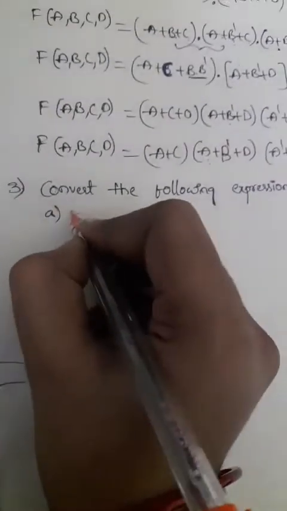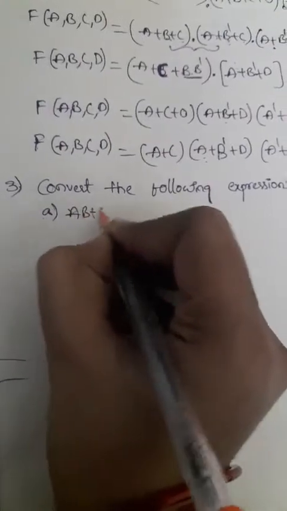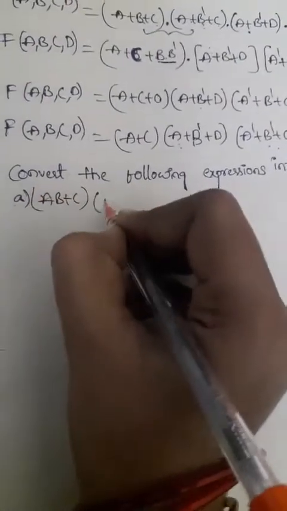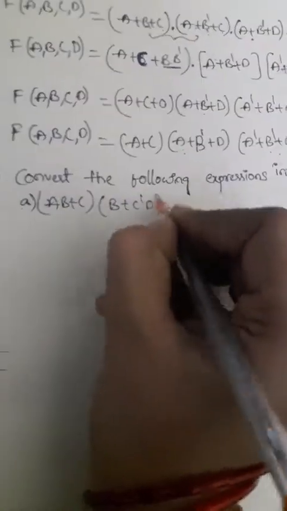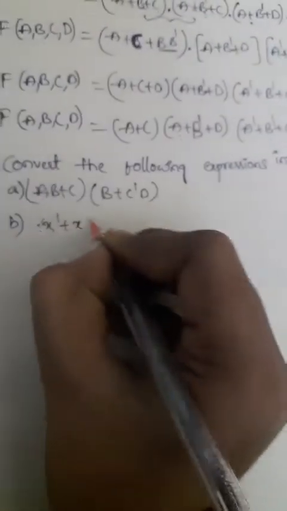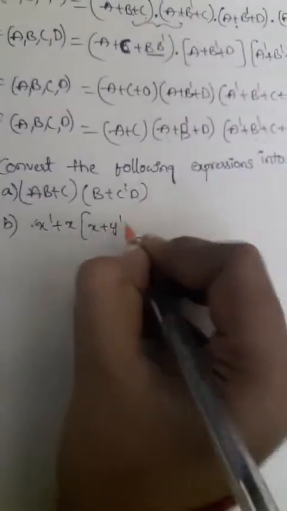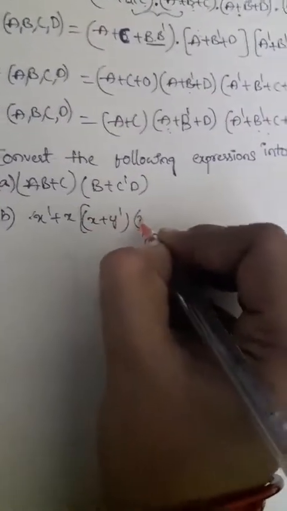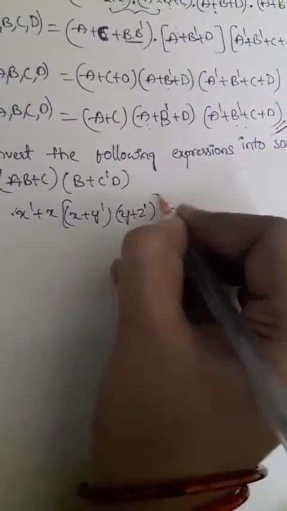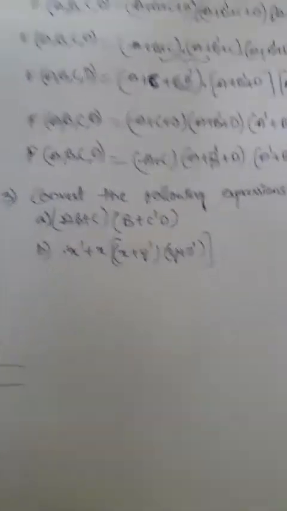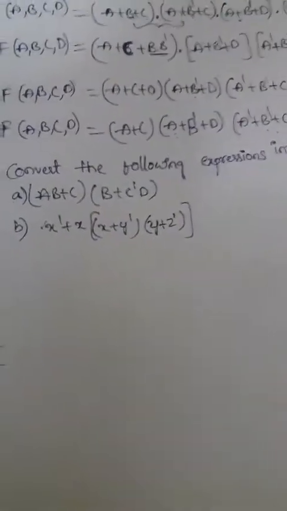Okay, so what are the problems? For A, the problem is AB plus C into B plus C complement D, and for B, the problem is X complement plus X into X plus Y complement into Y plus Z complement. Okay, these are the problems.